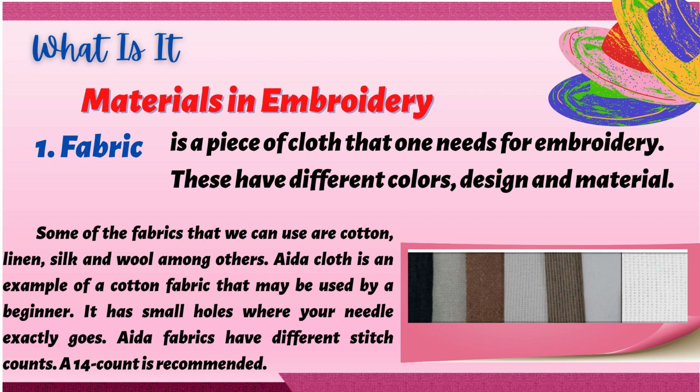Ida cloth is an example of a cotton fabric that may be used by a beginner. It has small holes where your needle exactly goes. Different fabrics have different stitch counts. A 14 count is recommended.